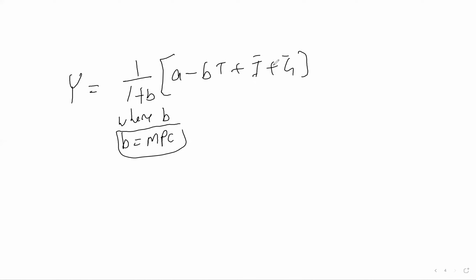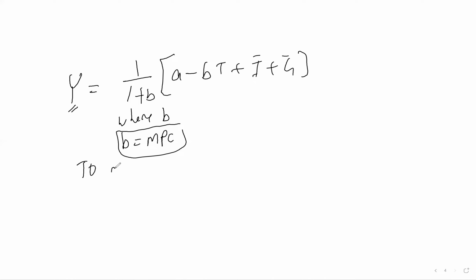Now, this is the equation for the government spending multiplier. But now we need to take a derivative of Y with respect to G, because we are trying to derive the government spending multiplier.